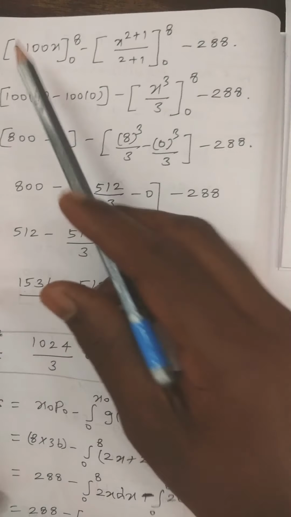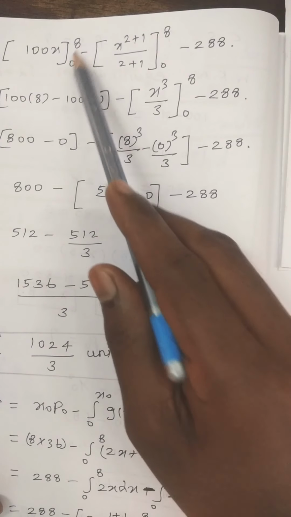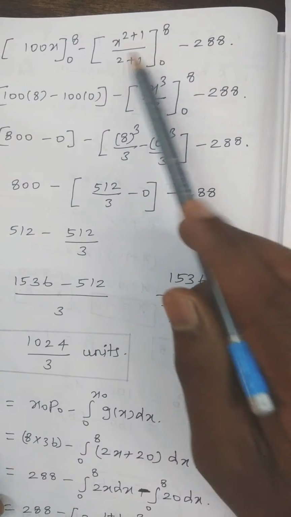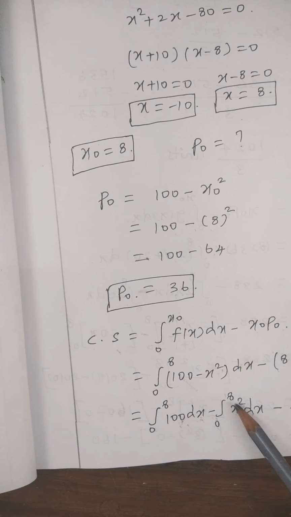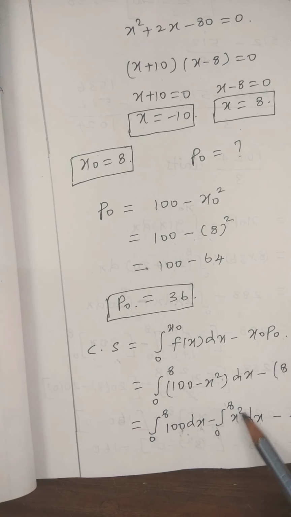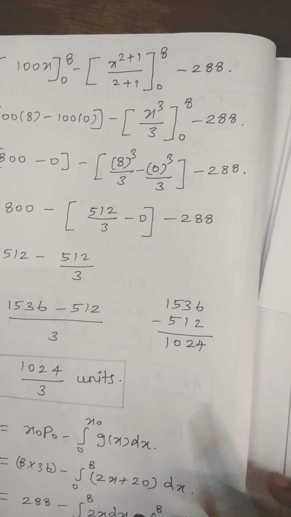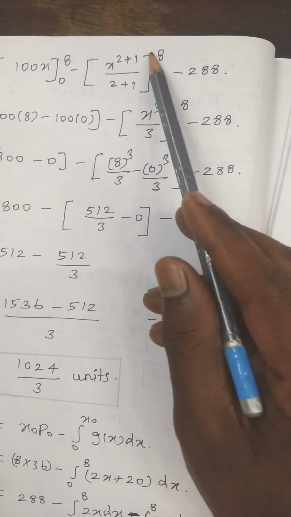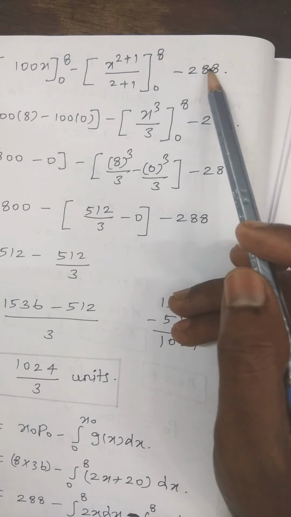So equal to bracket of 100x with upper limit 8 and lower limit 0, minus bracket of x power 2 plus 1 by 2 plus 1, upper limit lower limit, minus 288.